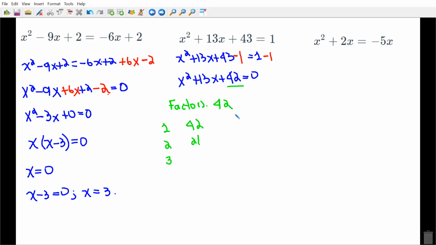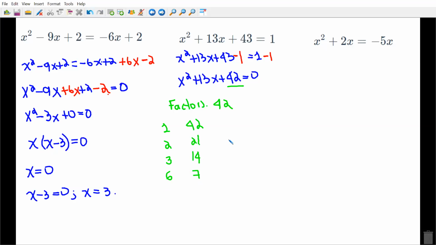How do you know that? Because you divide 42 by 3. 42 divided by 3 is 14. Very good. And very good, Maria Paz. 42, is it divisible by 4? No. By 6? Yes. 6 and 7.